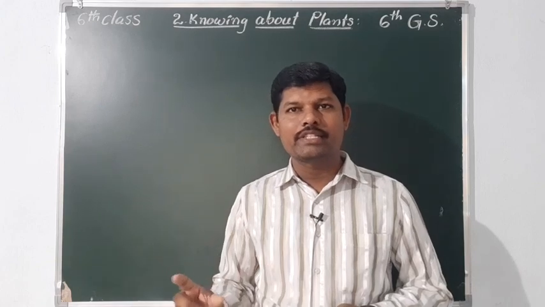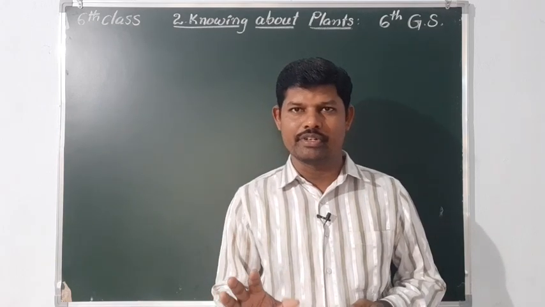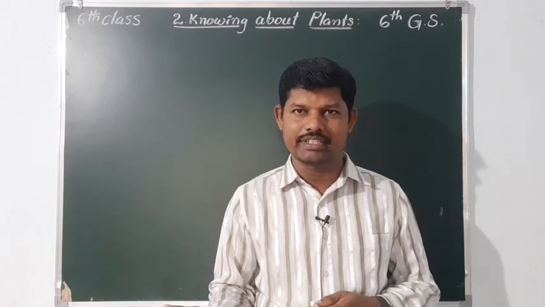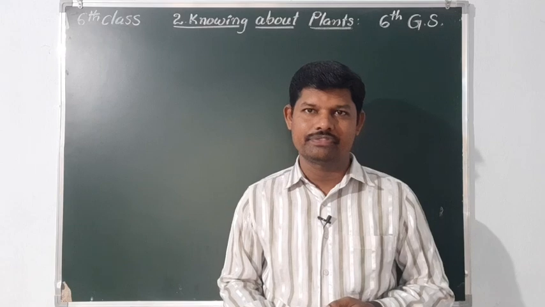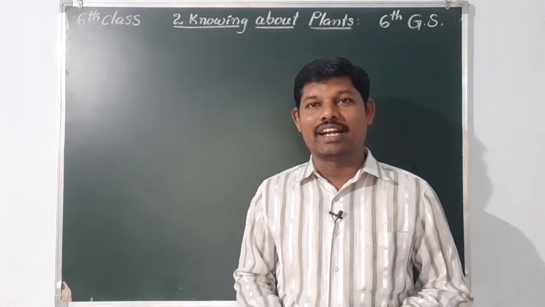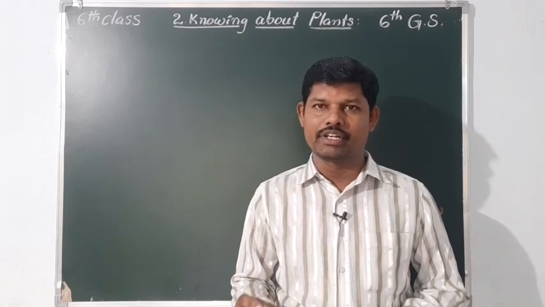Are all plants you see similar? That means whatever plants you observe, are all similar or different? Exactly, the plants are different. And the next question is, what are the similarities among them?